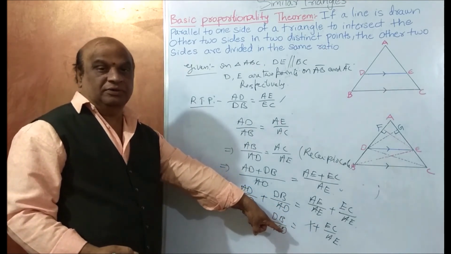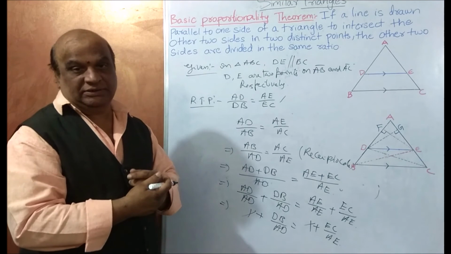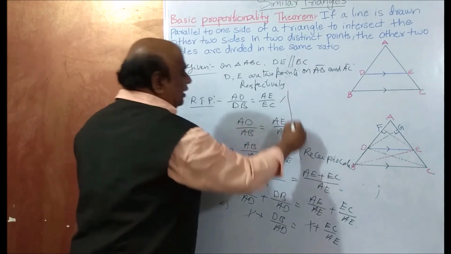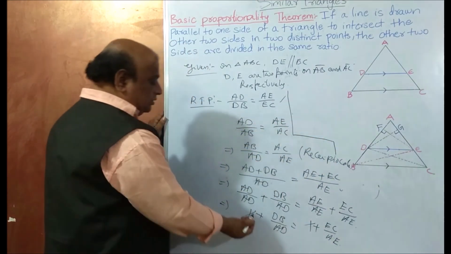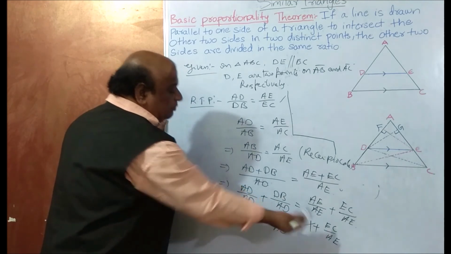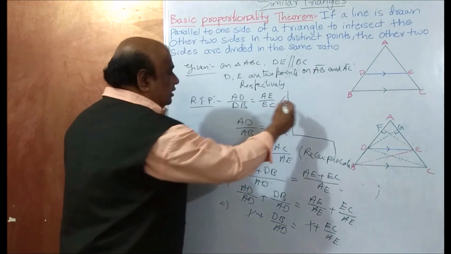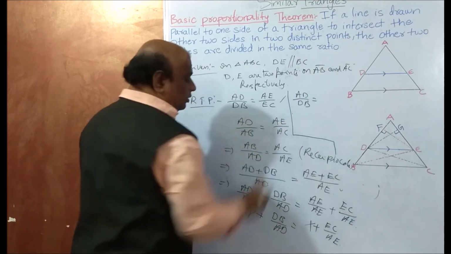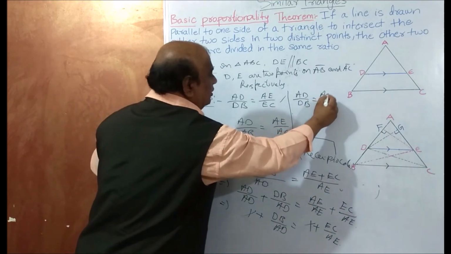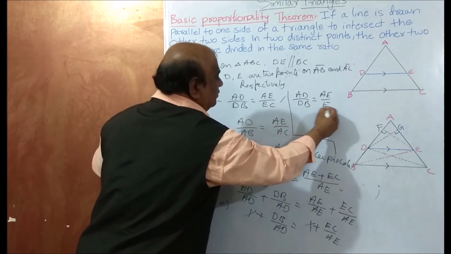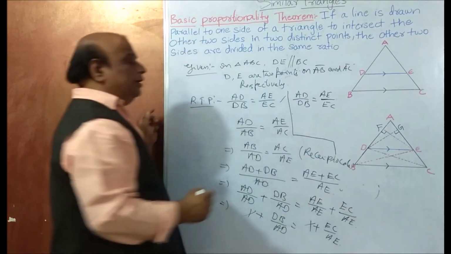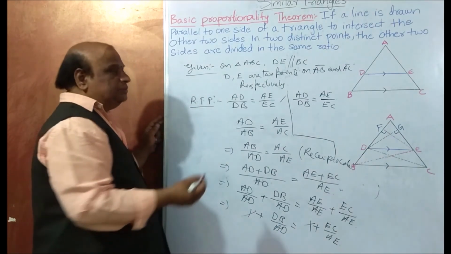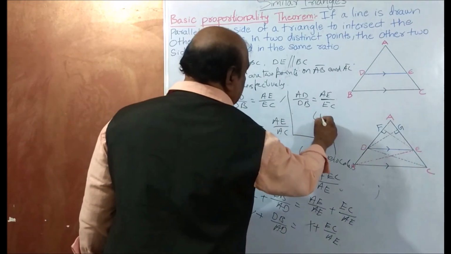We got this ratio. Now again you take reciprocals. What are the reciprocals of this? DB by AD is equal to EC by AE. You take reciprocals, then you get AD by DB is equal to AE by EC. So we got the RTP, hence proved.